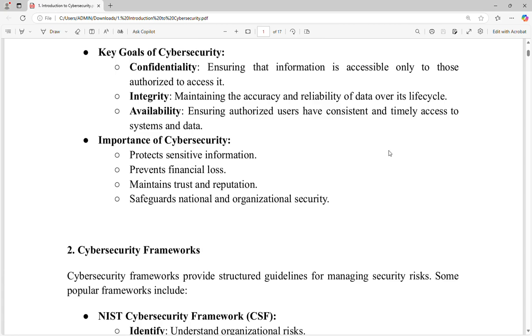Maybe someone has access to the bank network and was able to move money away, like the Bybit incident, where over 1 point something billion was taken away due to some negligence. So that is the financial loss. The aim of cybersecurity is to prevent financial loss.